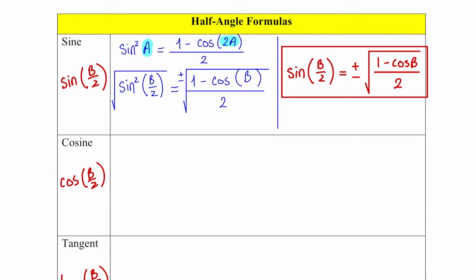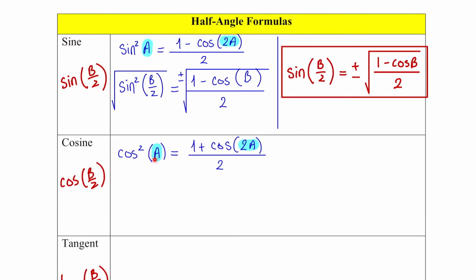Similar to cosine of b over 2, I will use the reduction angle formula for cosine. Cosine squared of a equals 1 plus cosine of 2a over 2. So look at the relationship of these two angles.